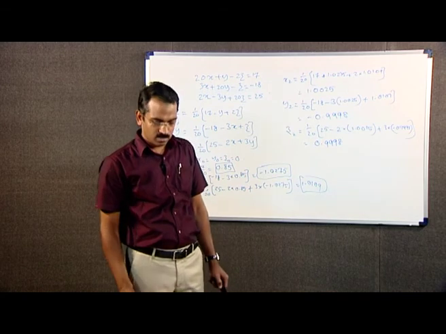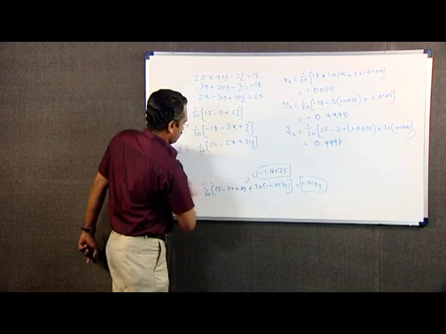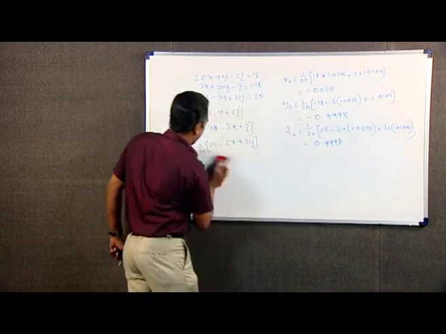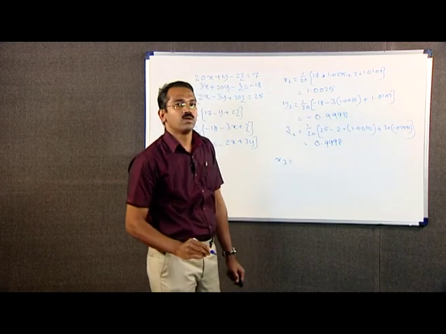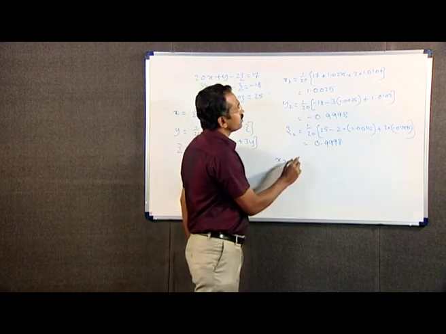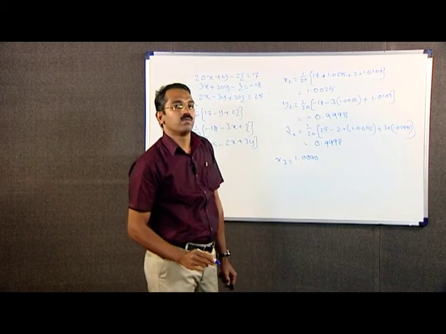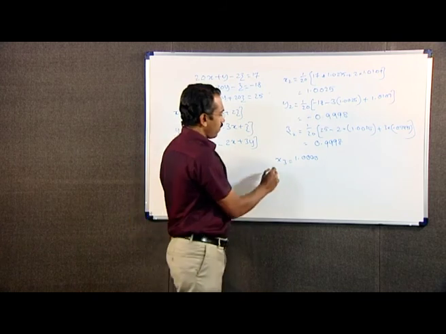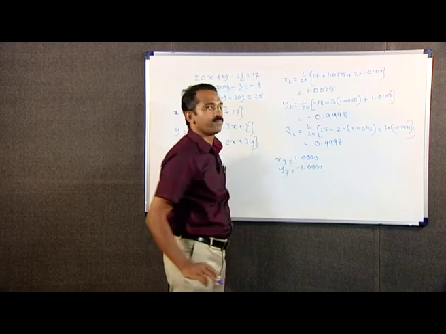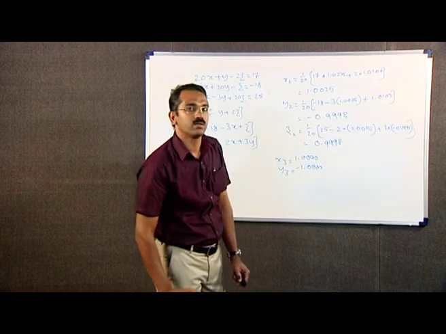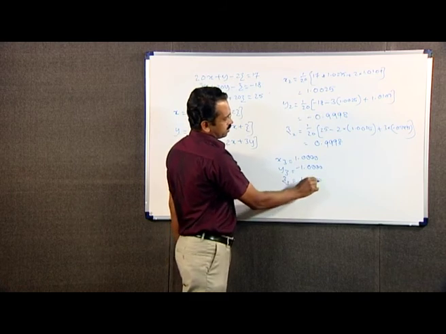In the third iteration, we will get x3 is equal to 1.000, y3 is equal to minus 1.000, and z3 is equal to 1.000.